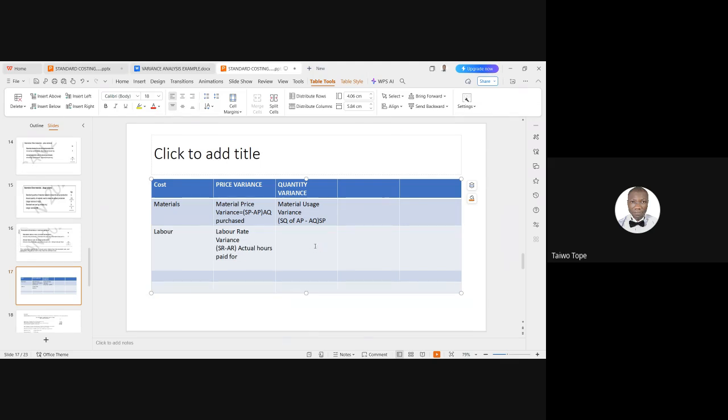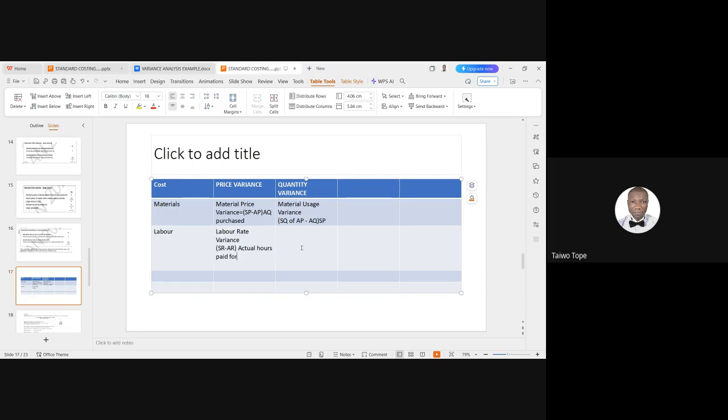So in terms of quantity, labor can be seen in terms of efficiency. Talking about efficiency, did workers take more or less time than expected? Or do we have more idle time?